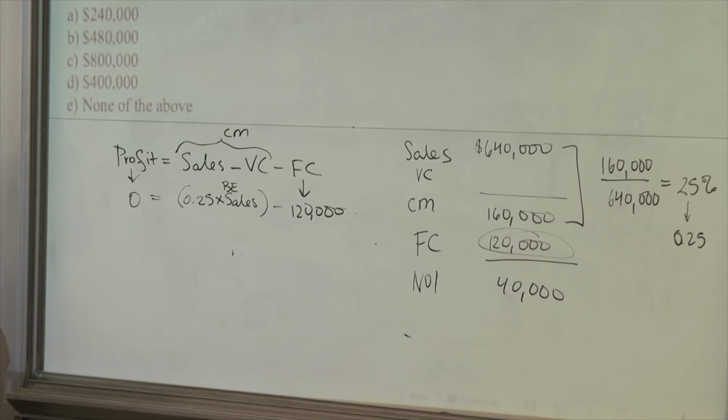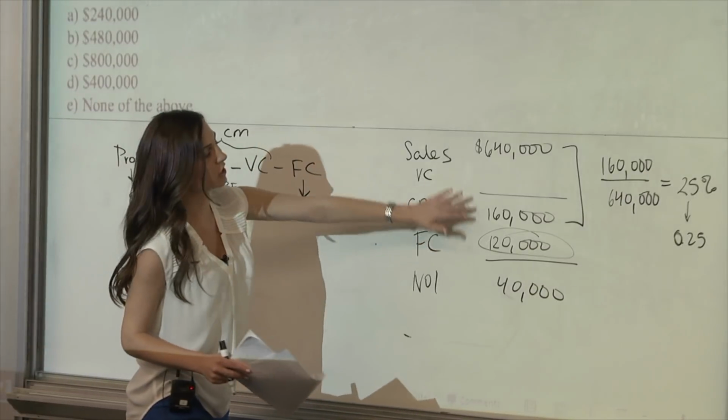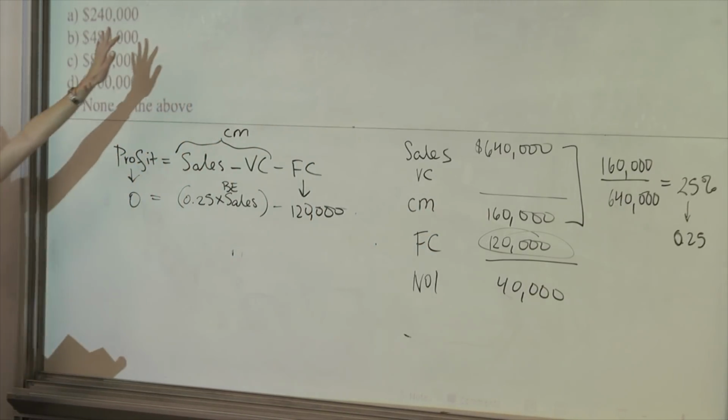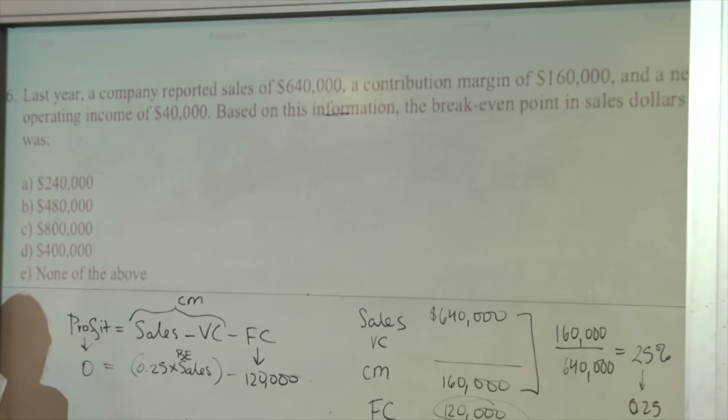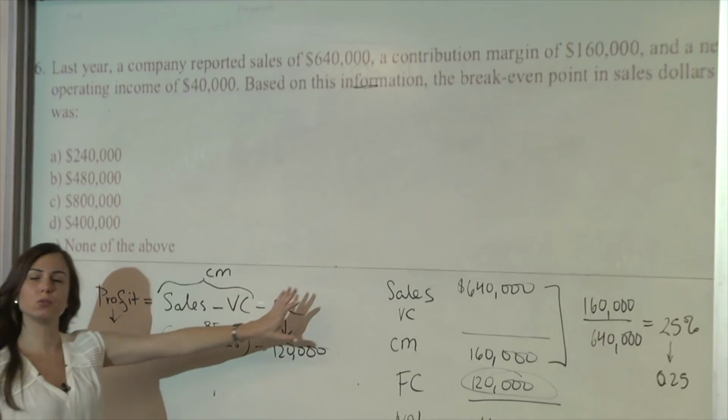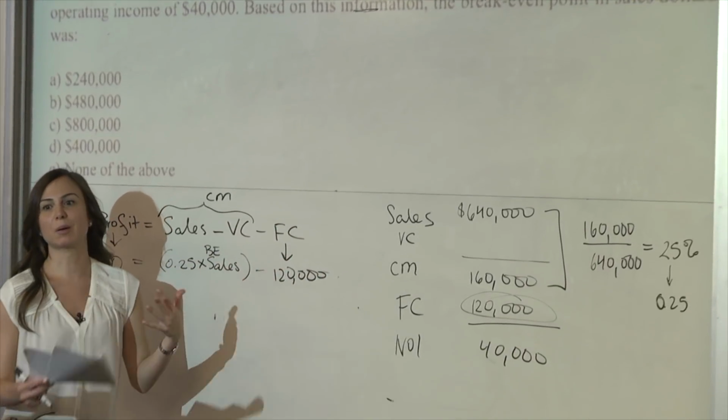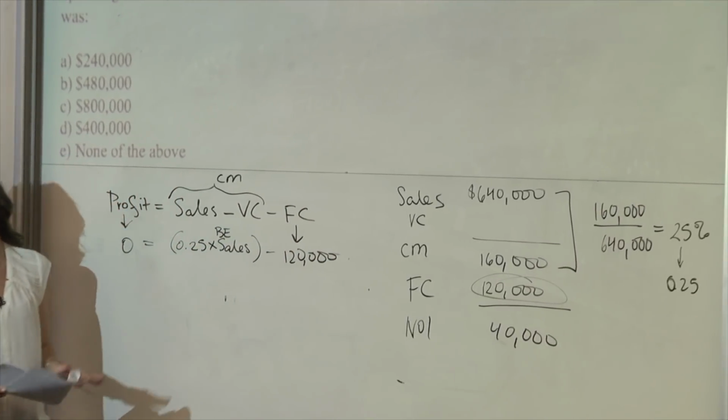Yes. So did you just plug it there? No, this is the contribution margin in the given information, but that's not what we're trying to find. We're trying to find the break-even point. So we're just using this given information to come up with the ratio that helps us to calculate the break-even point.